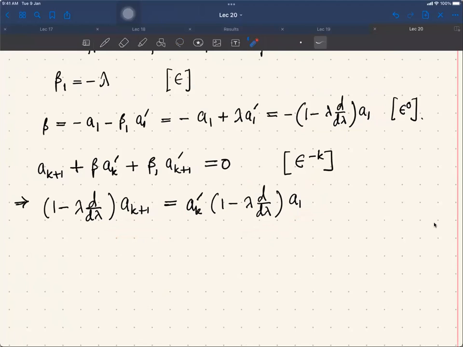But now let's, for the moment, focus on this equation where this is given by mu d lambda d mu, and find the running of the coupling.